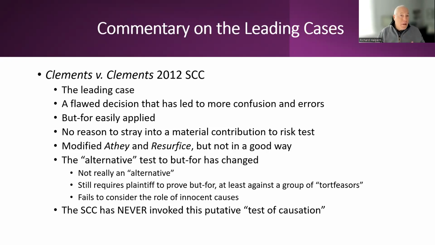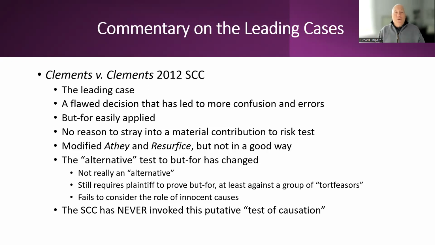You'll remember that I spoke a few moments ago about legal causation being things like proximity and foreseeability. Now, legal causation before Clements was a notion that operated to limit liability.